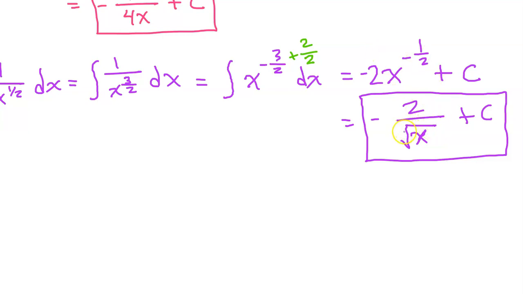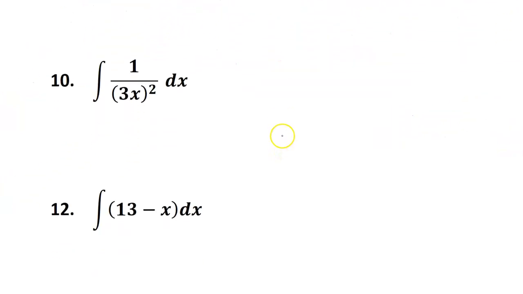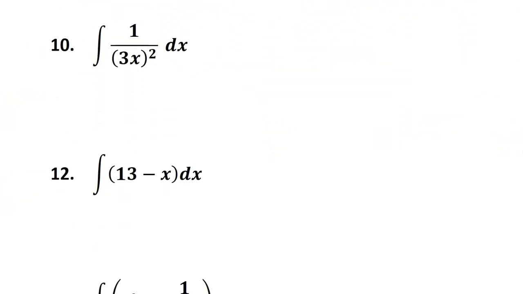Any of that is fine, but what you have to watch out for is those multiple choice questions where your answer has to match. You have to be able to recognize the matching answer among the multiple choice responses that you have. So just be able to simplify, but you don't have to unless you're trying to match a multiple choice question. Anyway, moving on to number 10.